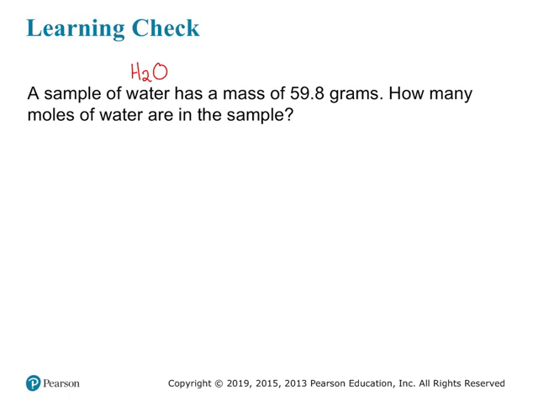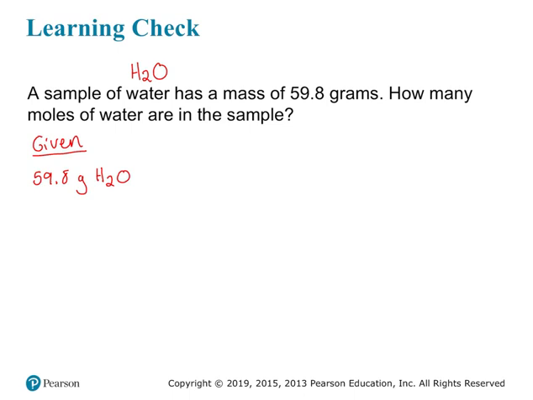All right, so this is very similar to the last problem we did together. We're given a mass of water. So maybe this water is sitting in a beaker or in a glass.